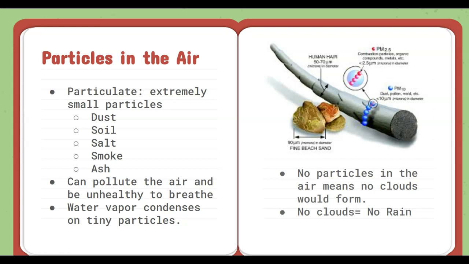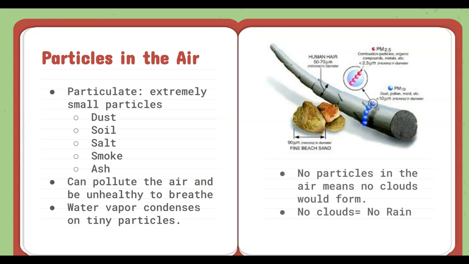There does need to be particles in our atmosphere, otherwise water vapor wouldn't be able to condense and form clouds. The way clouds form is you have water in vapor form, in a gas form, and as it's cooling, it wants to condense, but it can't condense unless there's a surface for it to condense on.